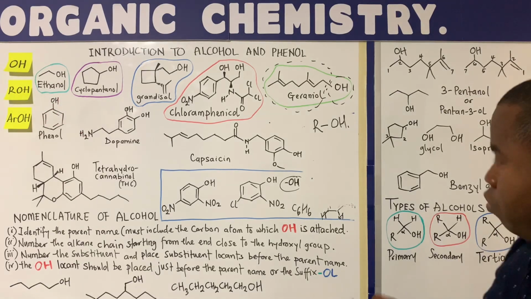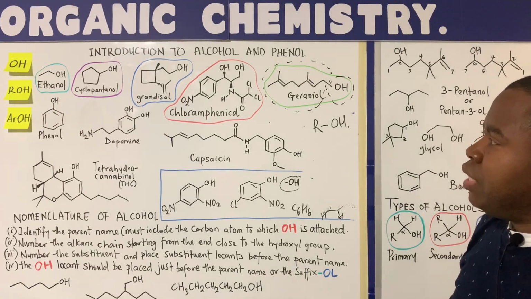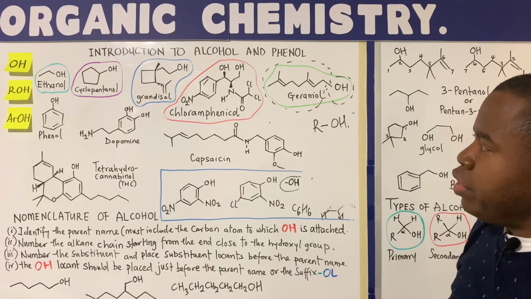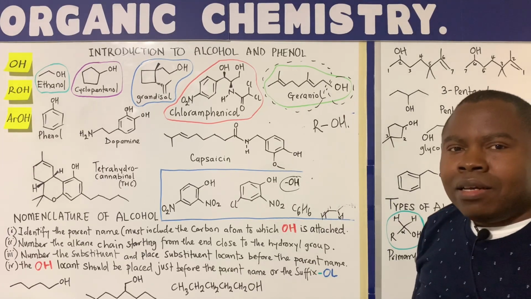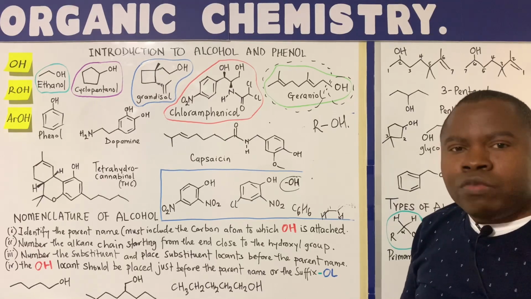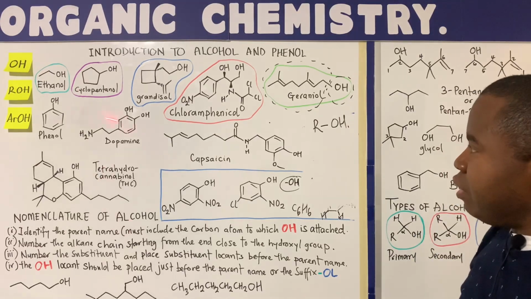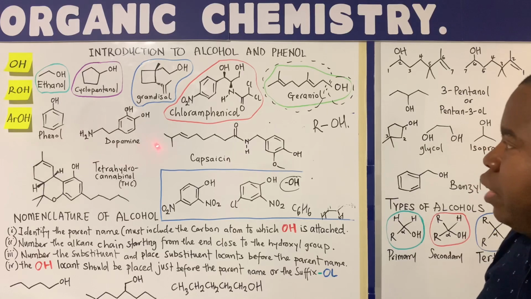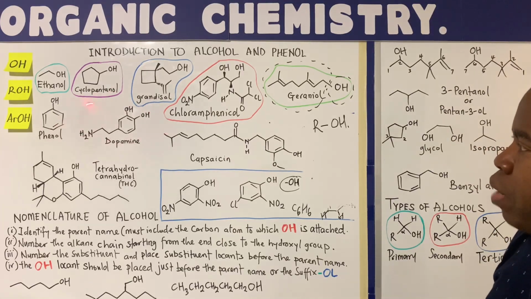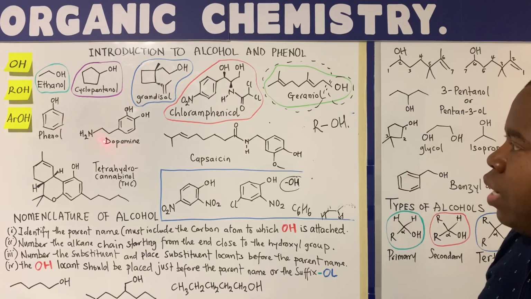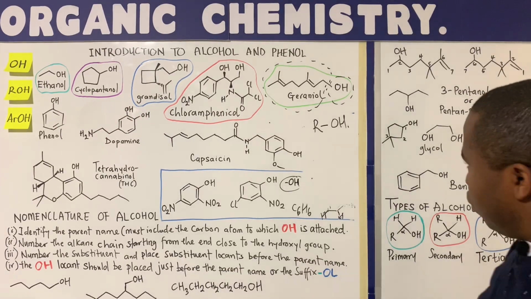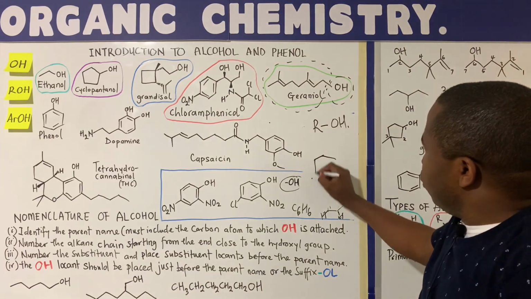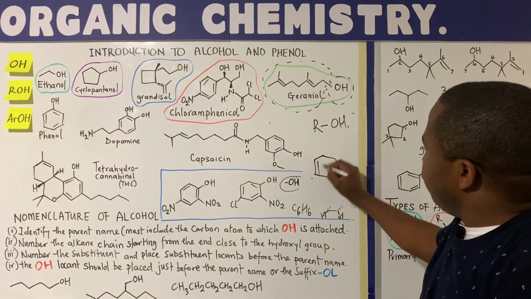So we have other phenols, or derivatives of phenol, and compounds from natural sources that are derivatives of phenol, and I have listed a few examples here. You can see dopamine. Dopamine is a derivative of catechol, amino catechol. In chemistry, catechol is itself a derivative of phenol.